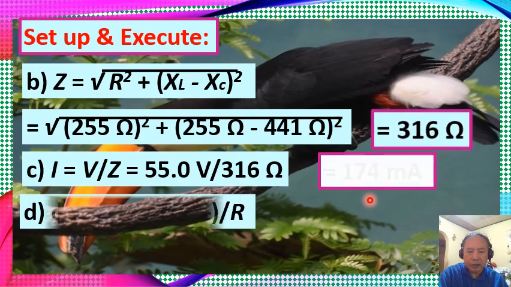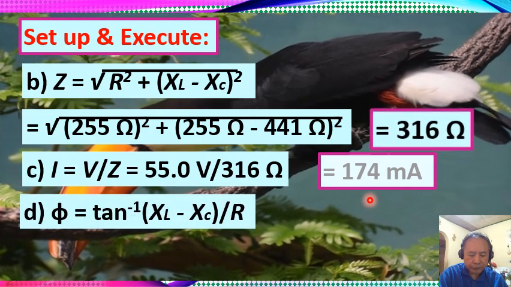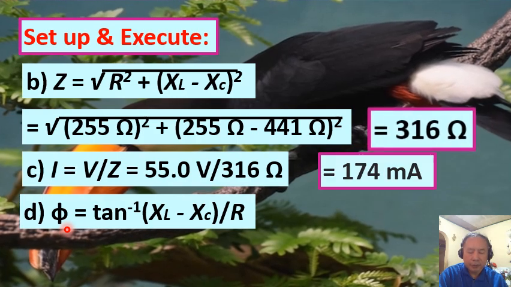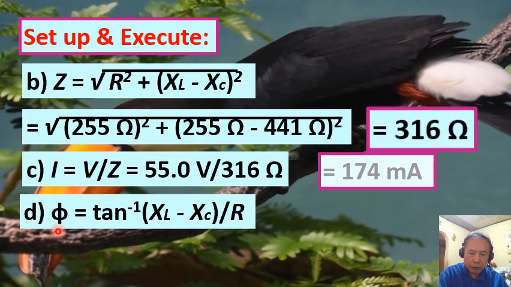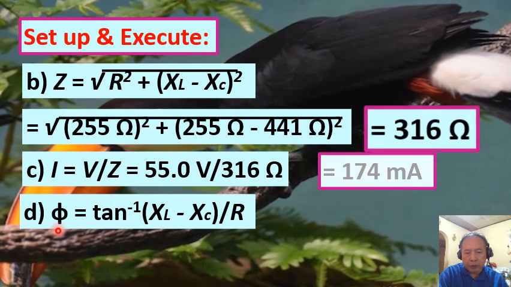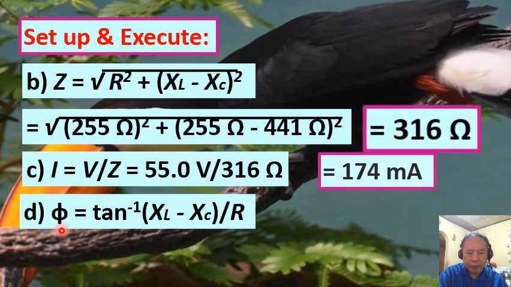In part D, finding what we call the phase angle, denoted by the Greek letter phi.